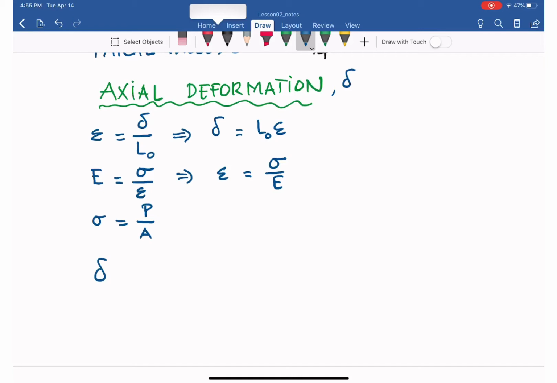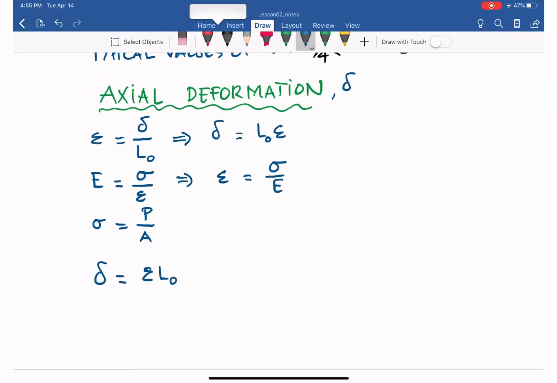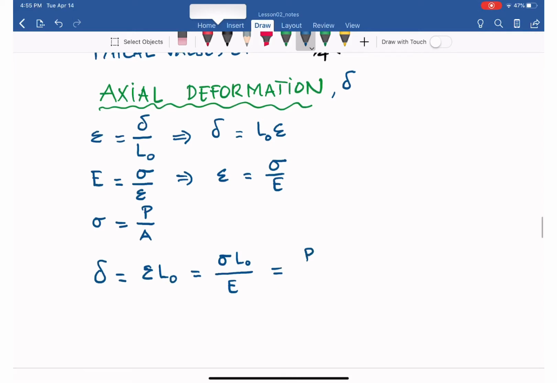It will be delta equals epsilon L naught, the first equation here. If I plug epsilon in, it will be sigma L naught over Young modulus, and sigma equals P over A. So we have P over A E, times L naught.